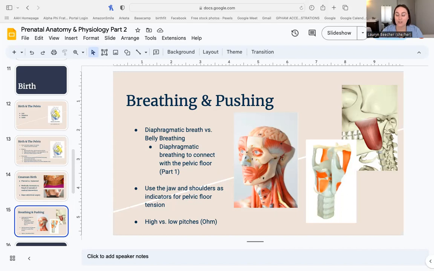as I push. Also noting here that low pitched sounds, like a low hum, can help relax the pelvic floor versus a really high pitch causes tension at the pelvic floor.